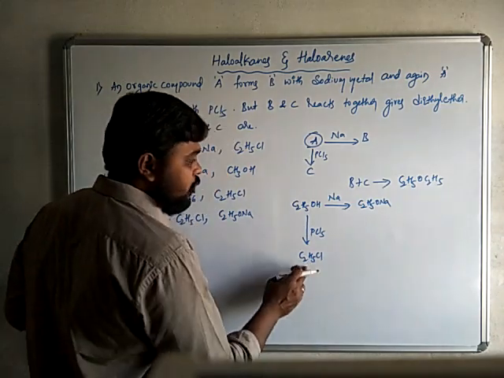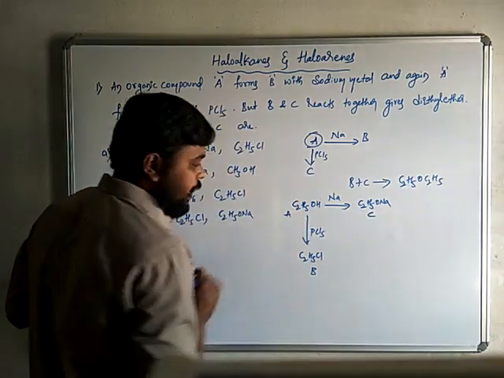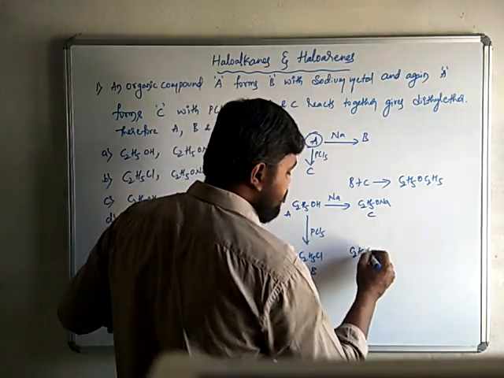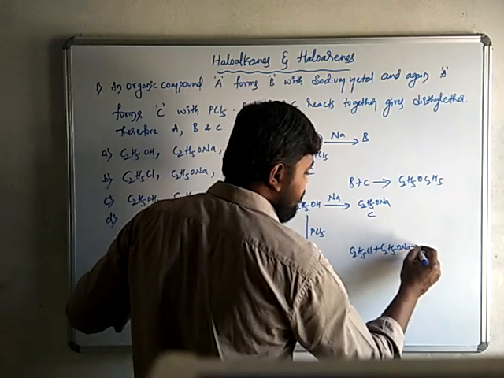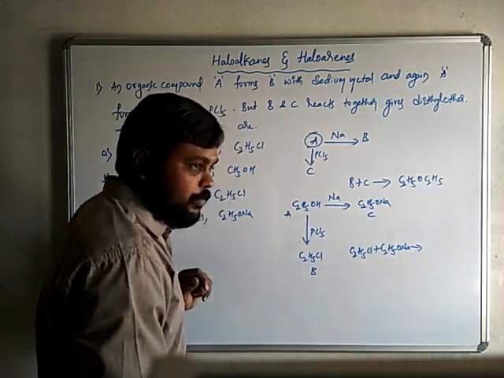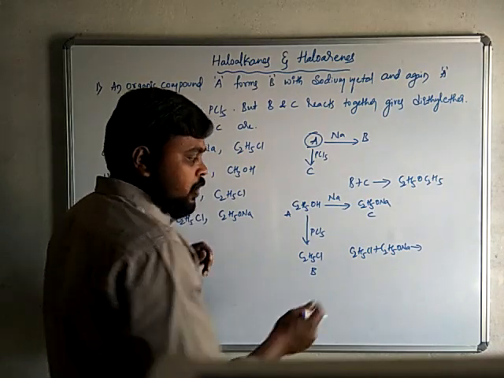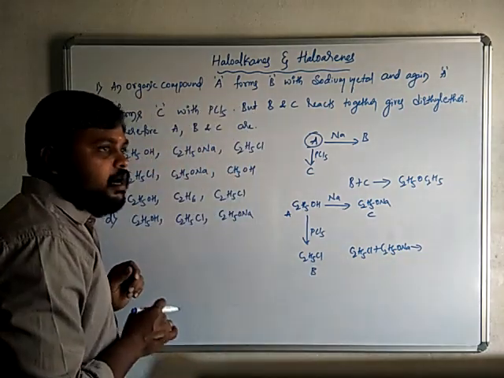So this is C, this is B and this is A. When this ethyl chloride reacts with this sodium ethoxide, it gives the respective ether. This reaction is nothing but Williamson synthesis of ether, a very important named reaction. When alkyl halide reacts with sodium alkoxide, it gives the respective ether.